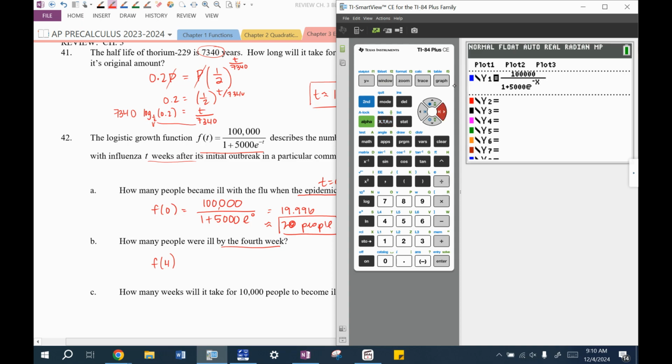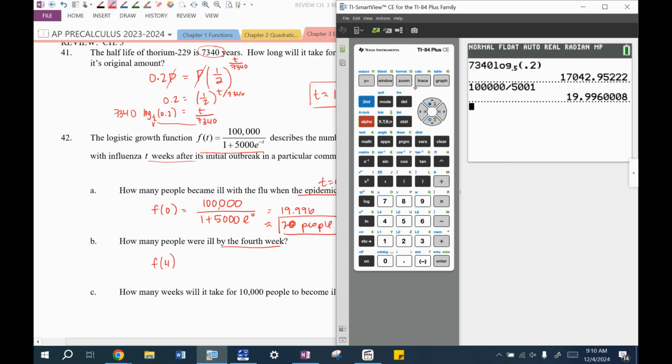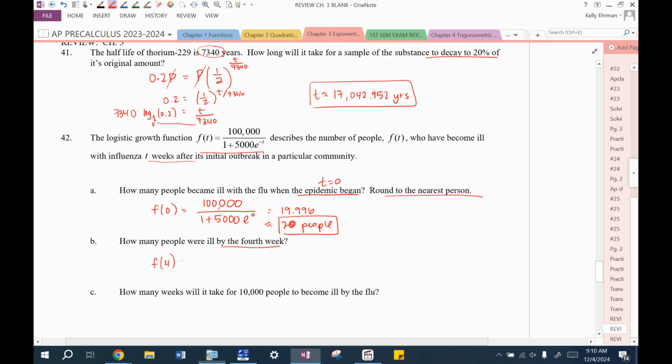So if you get this into your y equals, then you can just say, what's y1 of 4? 1,080.168. Again, round to the nearest person, so 1,080 people.